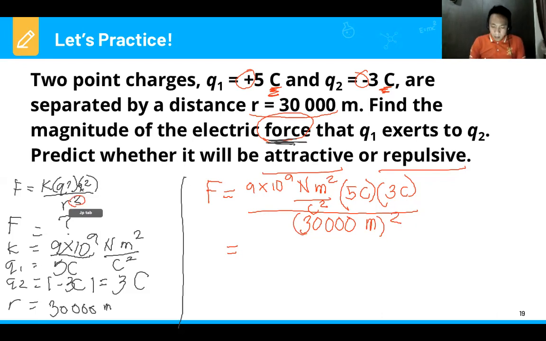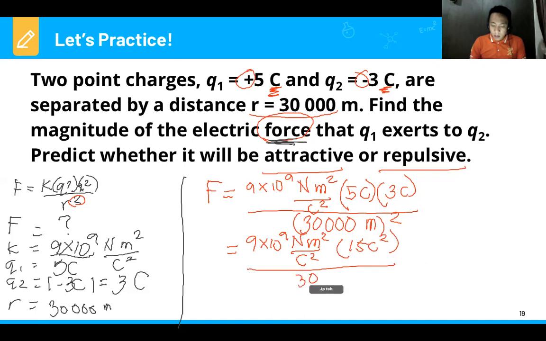So we have here 9 times 10 raised to 9 newton meter squared over C squared, and we have 5 times 3, 15 C squared, all over 30,000 squared. 30,000 squared will be, how many zeros?